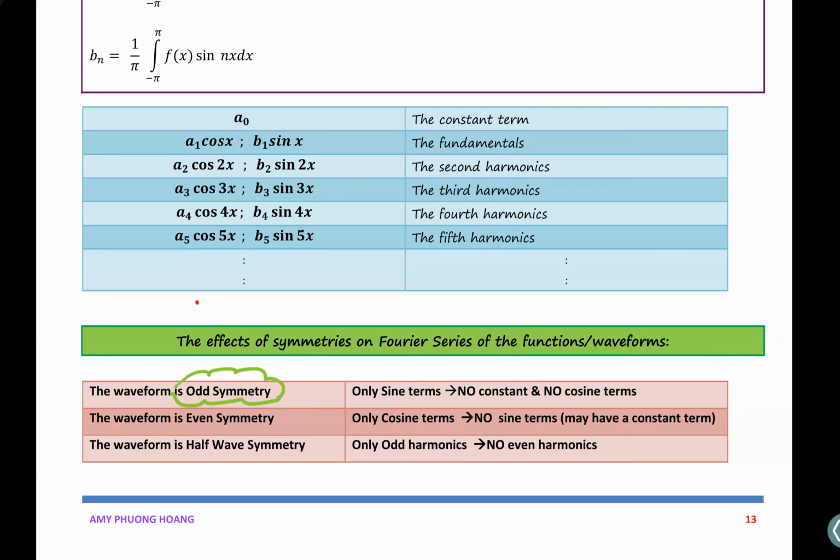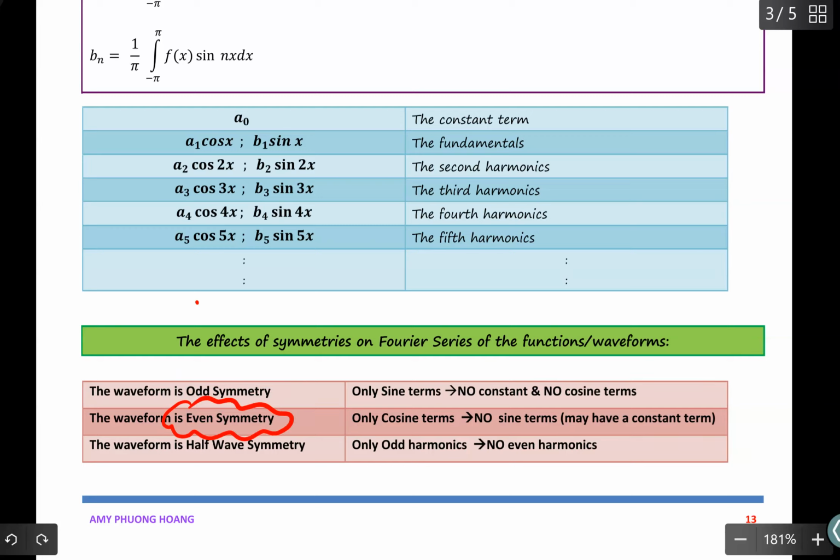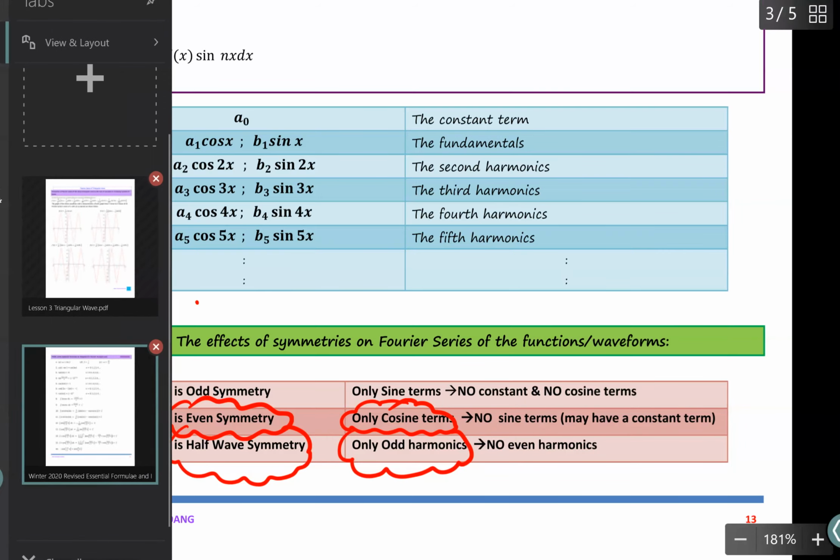But in this case, we identified it as even. I'm sorry, I should say it's an even function. Therefore, it has only the cosine term, and because it has half-wave symmetry, only the odd harmonics.